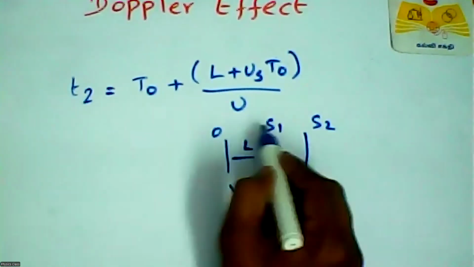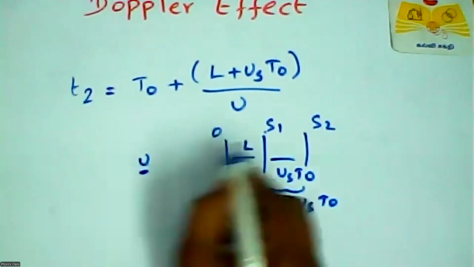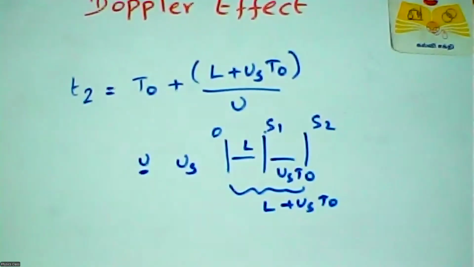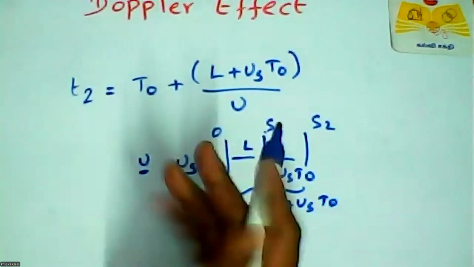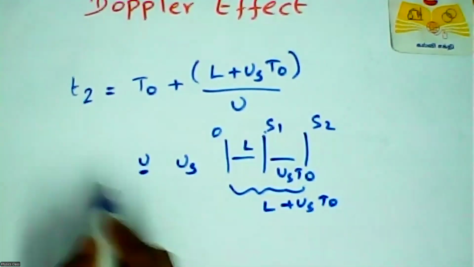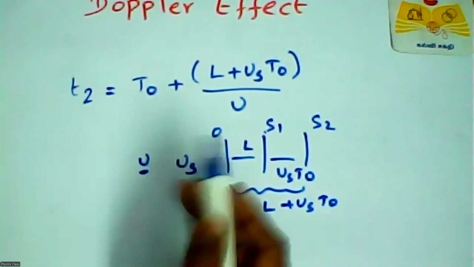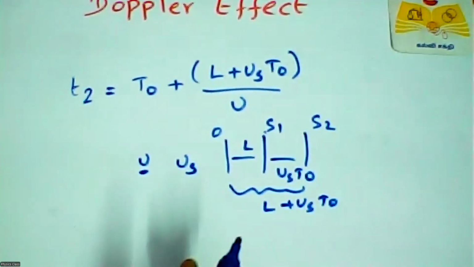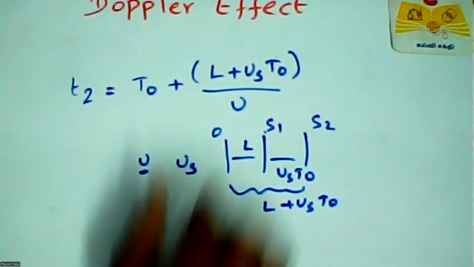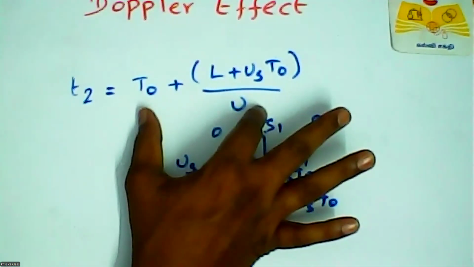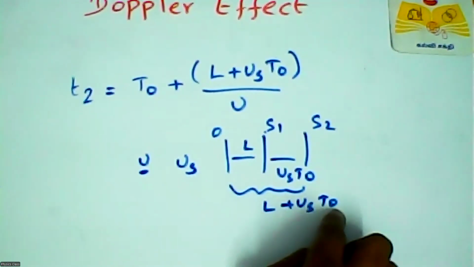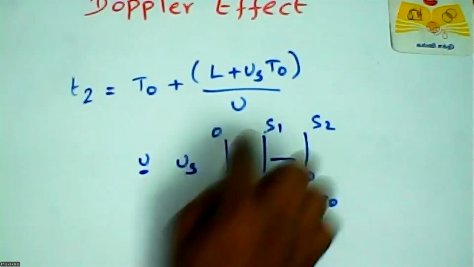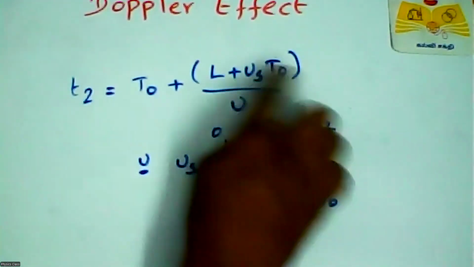So this source at rest has a velocity V. Suppose it is moving, it has a velocity Vs. Because this V means the source produces sound which has some speed with respect to the medium. Suppose this source moves to some other position, that velocity will change. So T2 is the addition of two time periods: one is T naught, another one is the travel time, L plus Vs T naught by V, where V is its velocity. So that only we can put T2 equal to this.